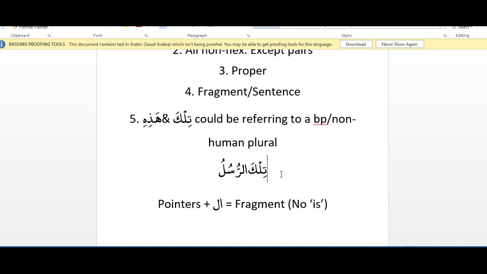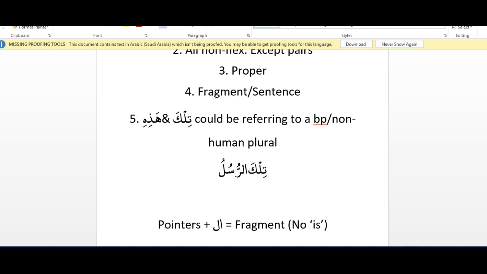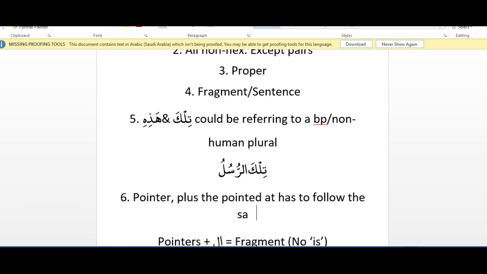And that's the sixth and final point on this, that the pointer plus the pointed at, which is the Mushaarun Ilayh, has to follow the same four properties. So whatever the four properties of ar-rusulu is, tilka will follow in the same four properties.